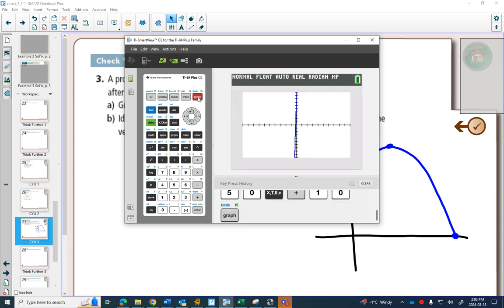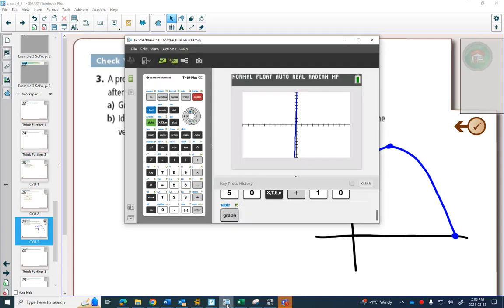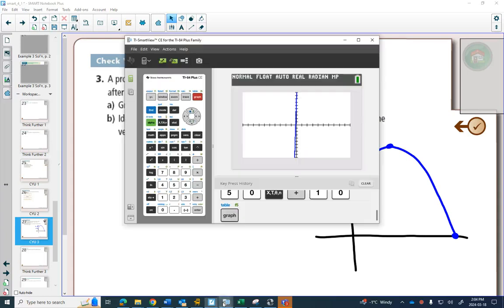something shows up. Now this doesn't look at all like my preliminary drawing. My preliminary drawing says it should be a parabola. Does it make sense that our parabola should be going down because of the negative 4.9? But my graph looks like a straight line. And the reason is because right now I'm technically only looking at a tiny bit of it. So another thing that we have to learn how to do on our calculator is adjust the window so we see more of this.